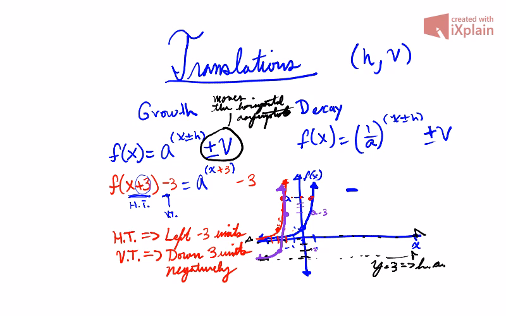So as you can see here, the parent function was right here. It was the blue one that got moved. The parent function, which I'll just abbreviate as PF, then got moved to the left 3 units, because it's positive, a left translation of 3 units. And then we had the vertical translation that moved down 3 units.